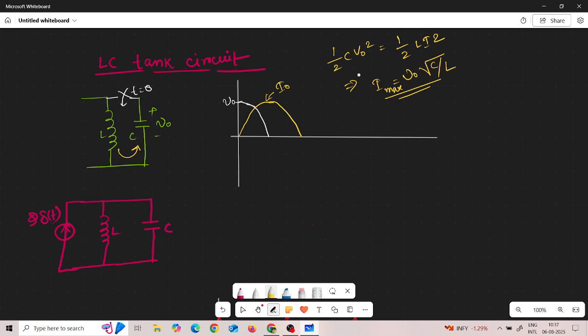And what happened? The voltage of the capacitor starts increasing, but in the opposite polarity. Okay, so it will look like this.